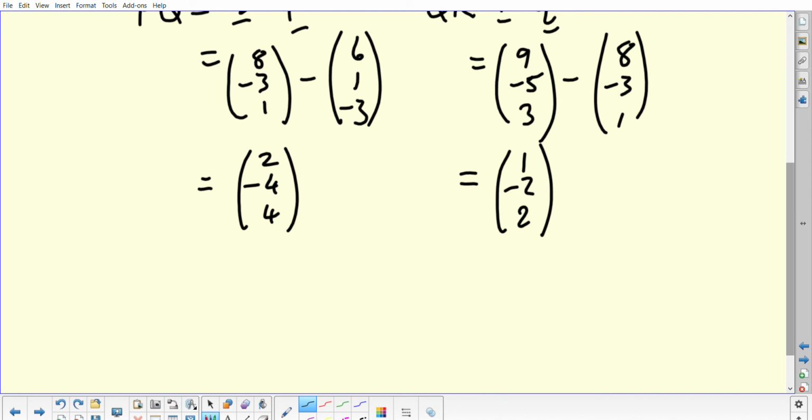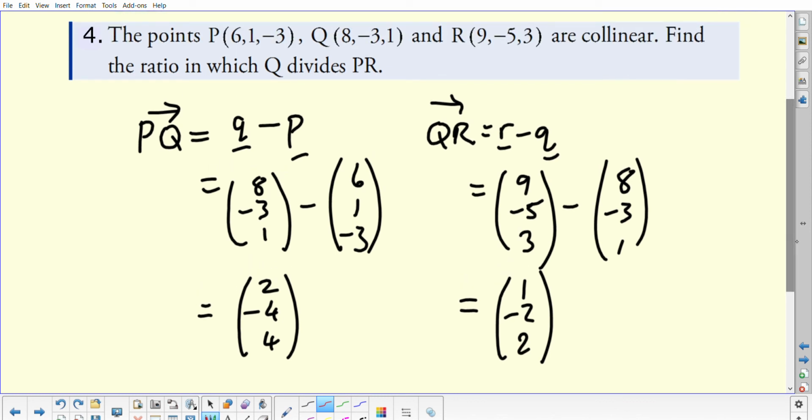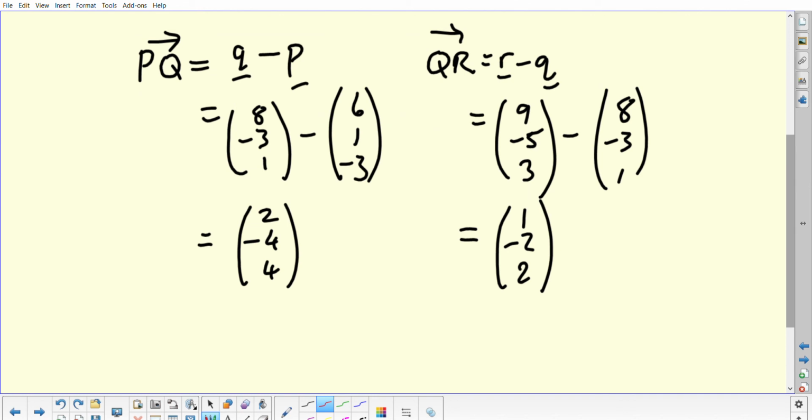So now that we're looking and comparing these two things, two ratios, when you know they're collinear, then you know they're a multiple of each other. So it's this one here that you can see, if you like, as a factor of the other one. So 2 minus, take out the 2.